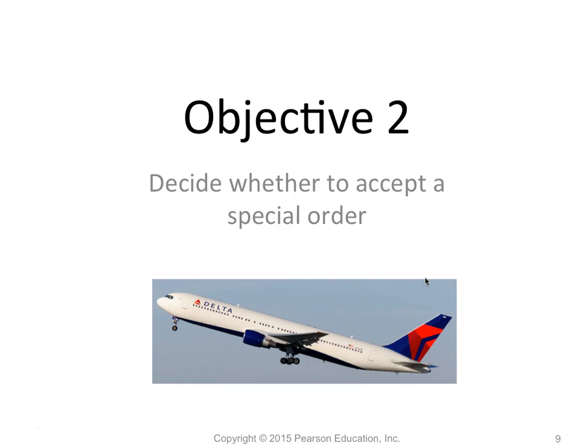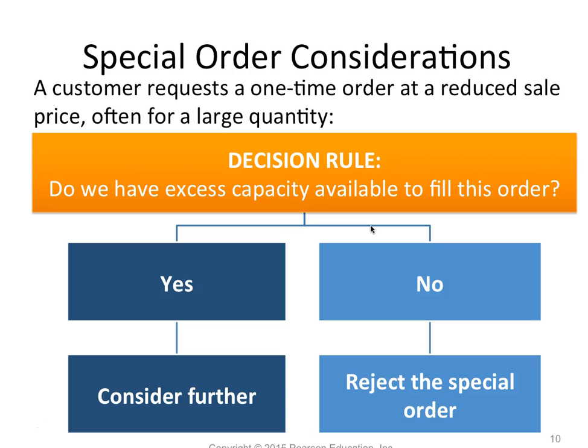So, decide whether to accept a special order. Remember, the first decision is the special order. So this is the one we take. Do we take the special order? So here's a very simple, but very commonly used way to make decisions. It's also called a decision tree, and it's always yes and no. So the decision will be, do we do this or do we not do this?